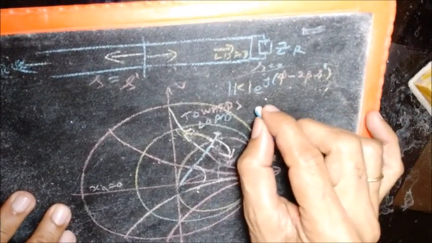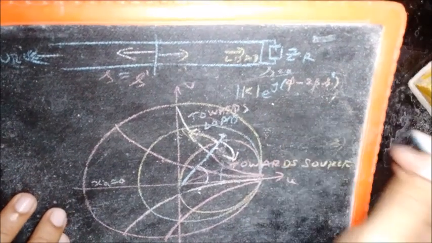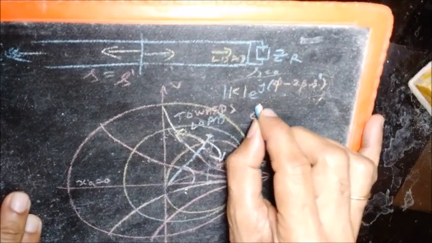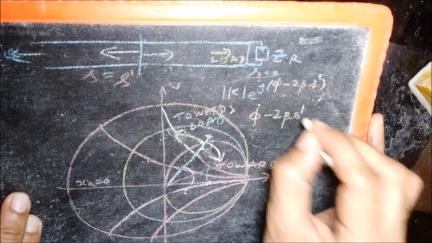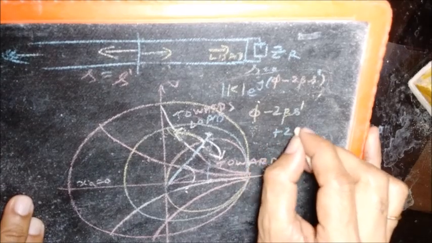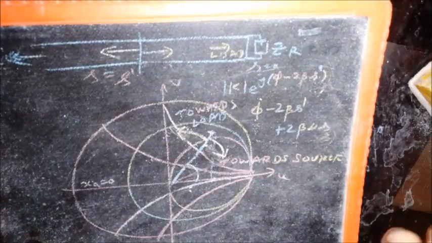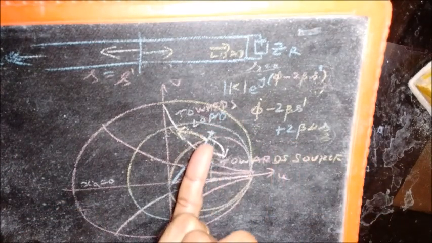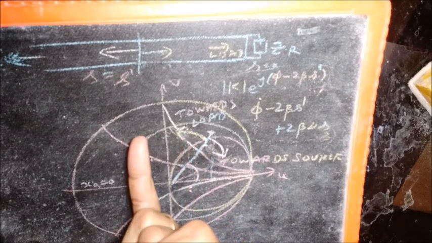When you move towards the load, as I said, the phase angle becomes phi minus 2 beta s dash plus 2 beta delta s. So you have moved a certain distance delta s, and we have seen that when this happens, you start to rotate this phasor in this direction. You're moving towards the load.